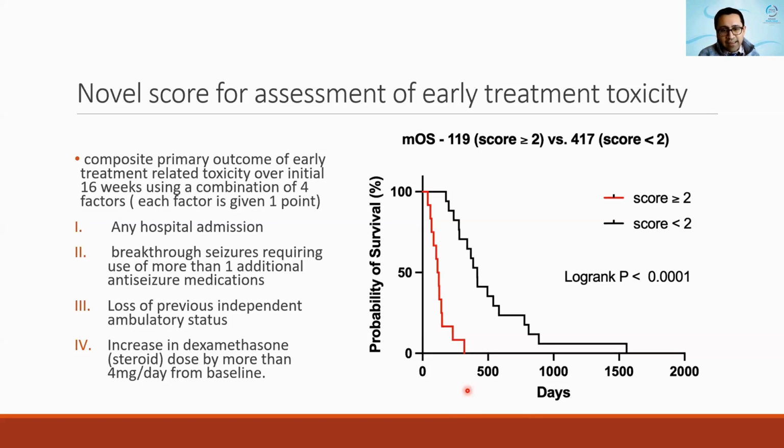This is not surprising, but any novel score which is designed does need to be validated, and we have been successful in showing a pretty significant difference in overall survival. The numbers, unfortunately, for patients who have a higher score is quite low at 120 days, which essentially reflects a pretty dire prognosis for some of these patients.